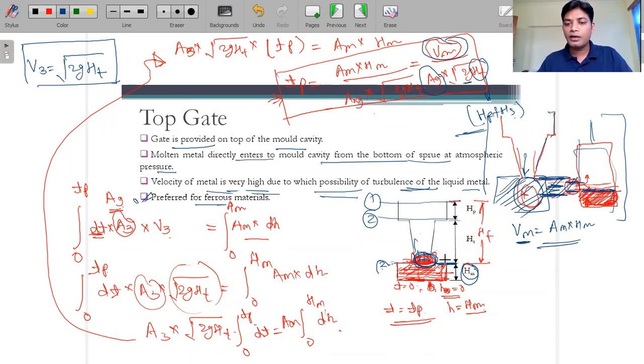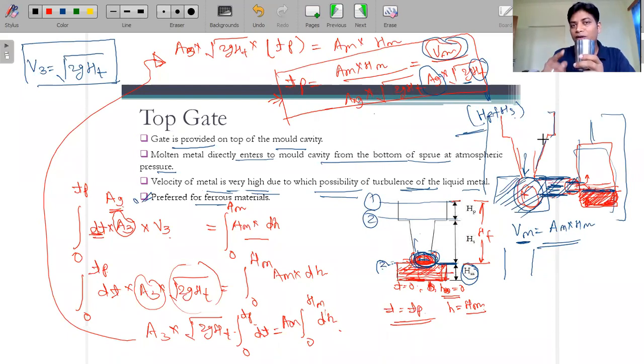When we are talking about the top gate, it means that whenever we are pouring the molten material, it is directly reaching the bottom side. Think of this as a glass, and we are pouring water or any kind of molten material into it. This water fills this glass directly.